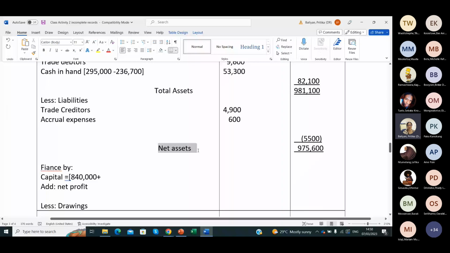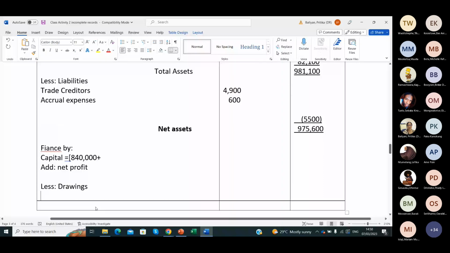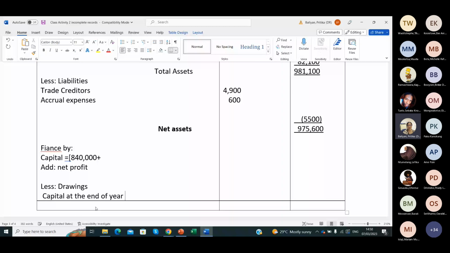This net asset should be equal to the capital at the end of the year.